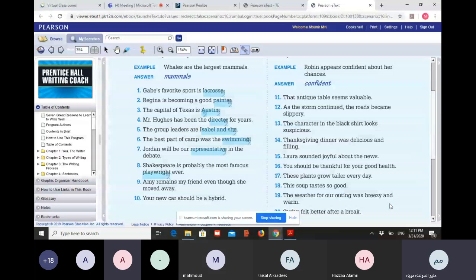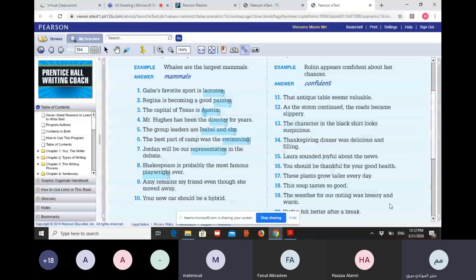The sentence consists of 3 main parts: a subject at the beginning, then after the subject you find the verb, then after the verb you find the complement.